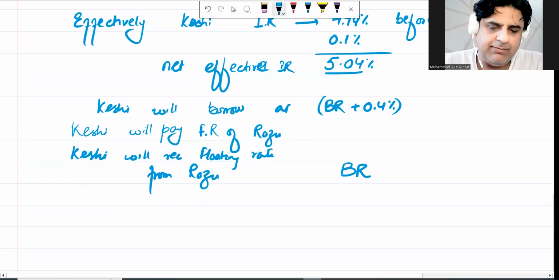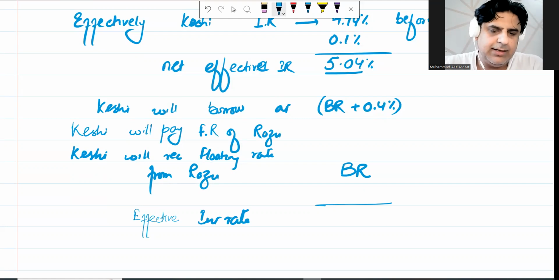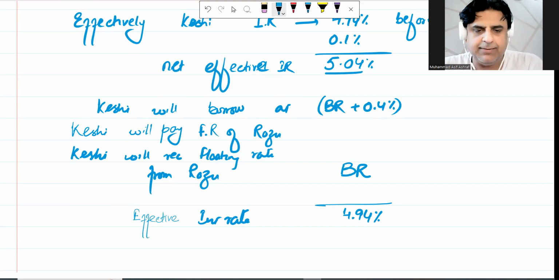And we have been told that the effective interest rate, we have already calculated, was 4.94% before bank fee. So this is plus, this is minus.